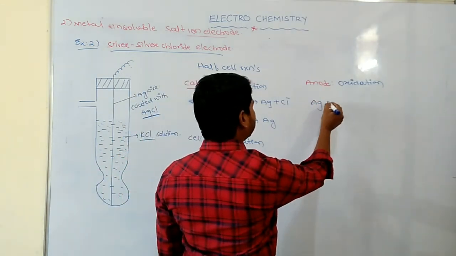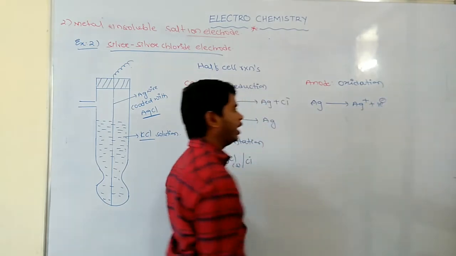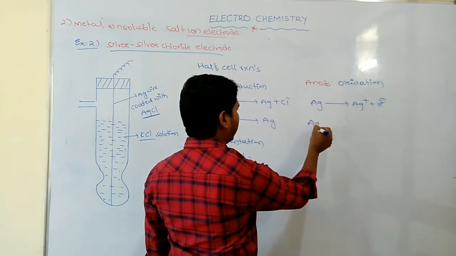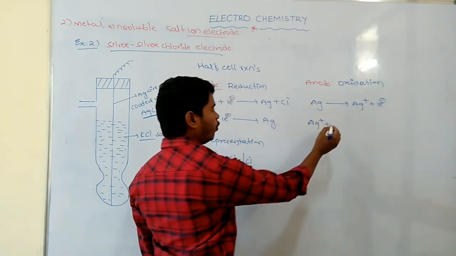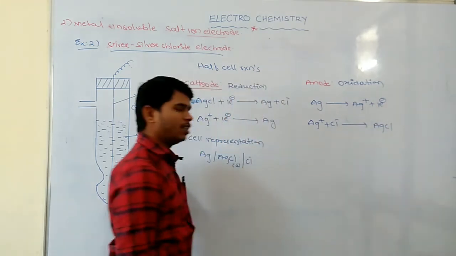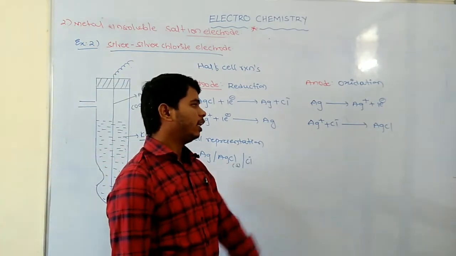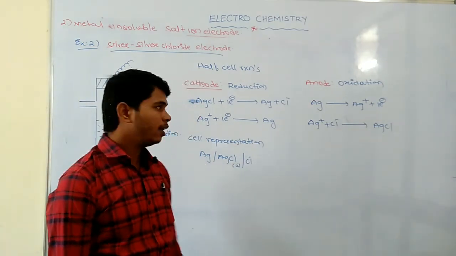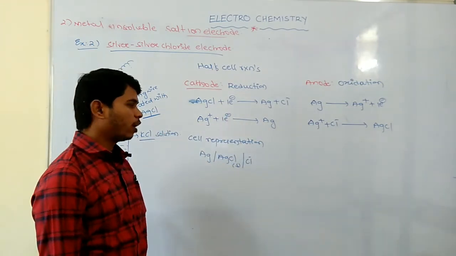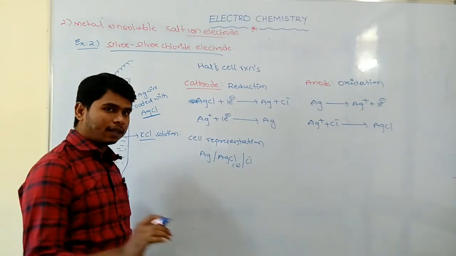So here the silver loses one electron and is converted into Ag plus ion. This Ag plus ion combines with the freely moving Cl minus ion and is converted into AgCl, or the Cl minus ion of KCl solution is converted into AgCl. Okay, these are the half-cell reactions of the silver chloride electrode.